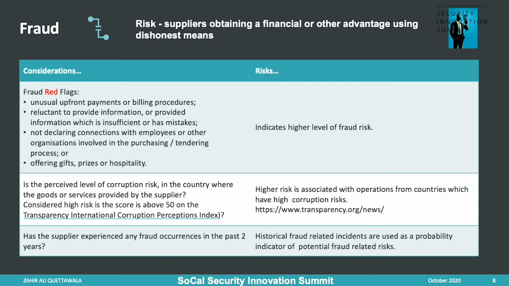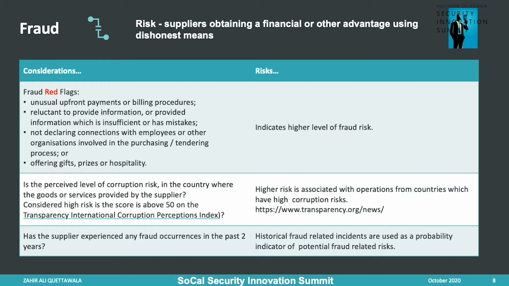It's not necessary that they are engaged in fraudulent activities, but it's always a red flag which needs to be considered, which needs to be at least explored to see if there is any such thing. And again, I've given you that transparency.org website, that if the score is 50 for the particular country in which this supplier is either engaged or residing, then again, it's a high risk thing.